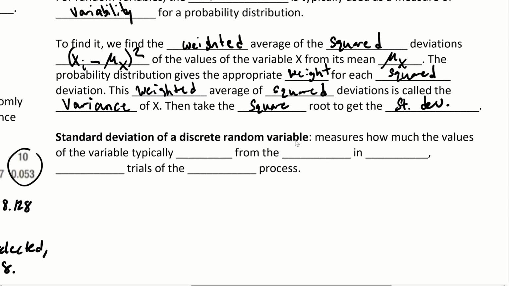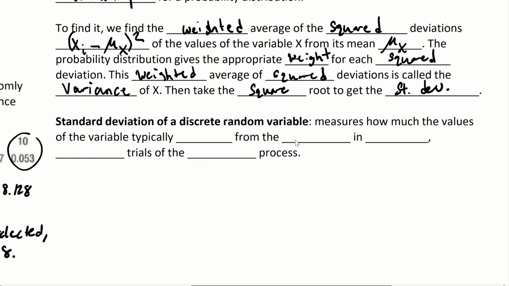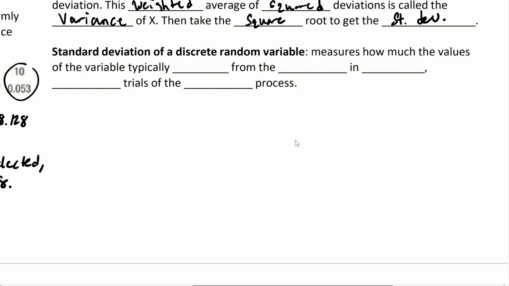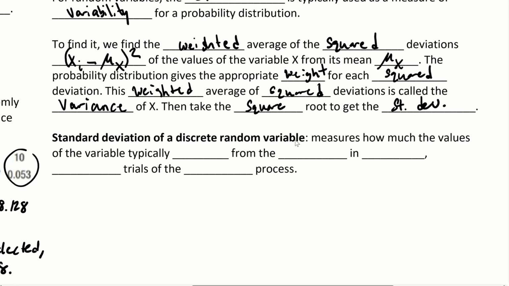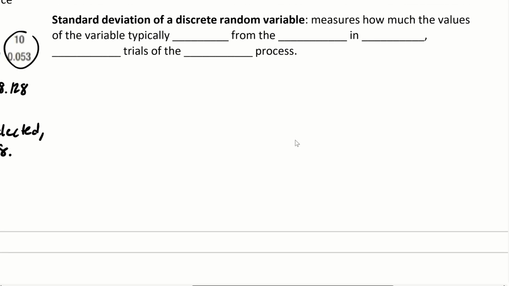All right. We're going to show you what this formula is, but first we're going to formally define the standard deviation. I was just explaining the process. So now let's formally define it, and then we'll talk about the formulas for it.